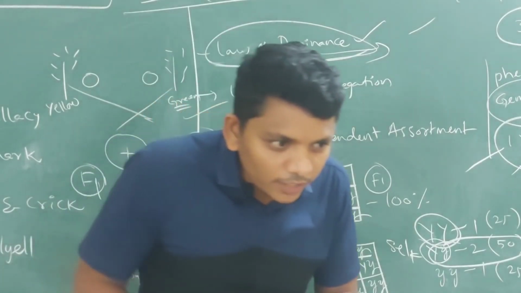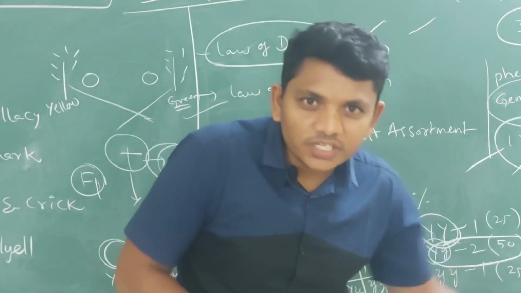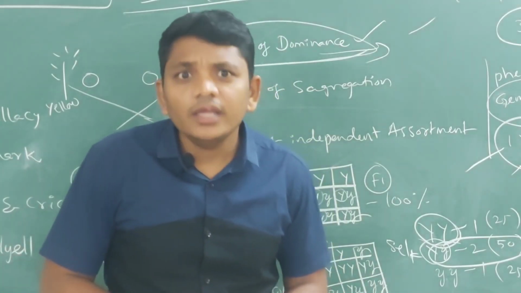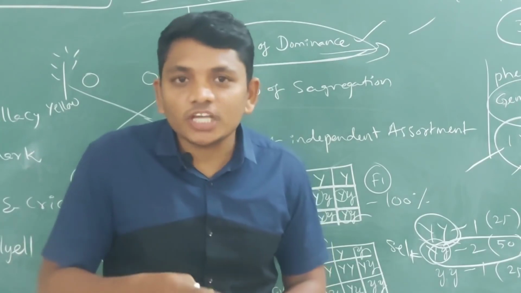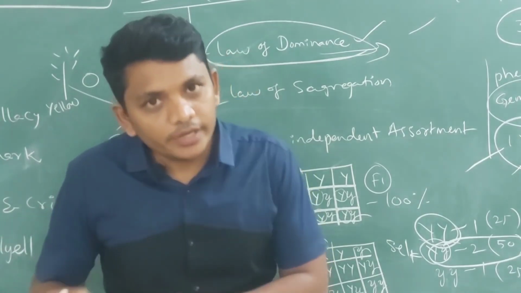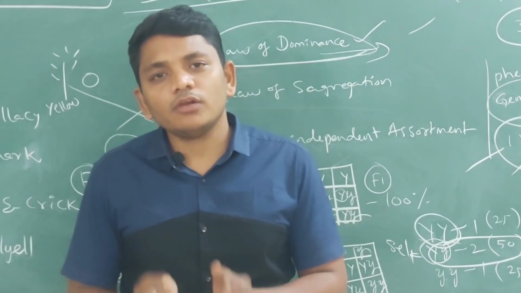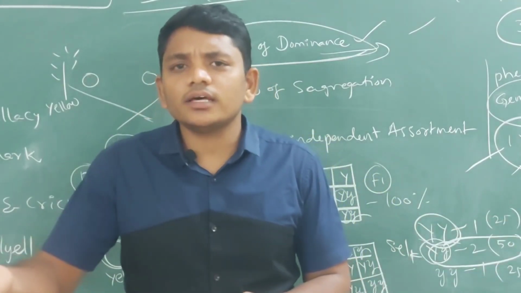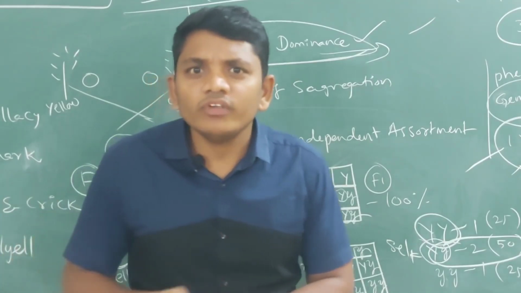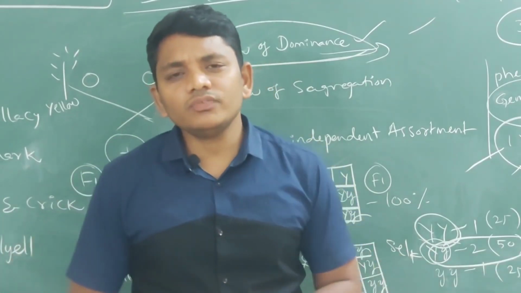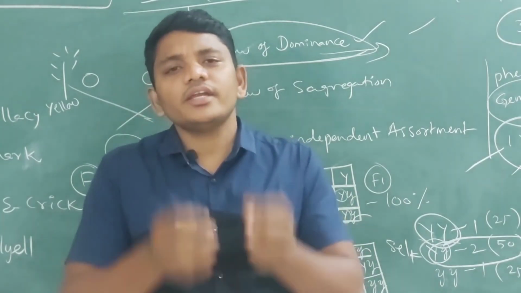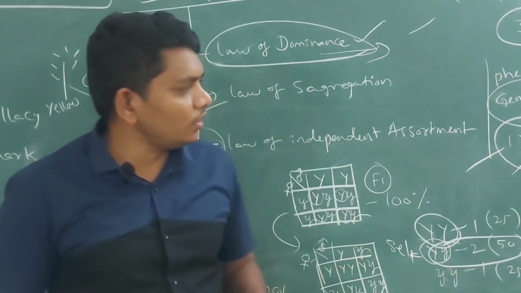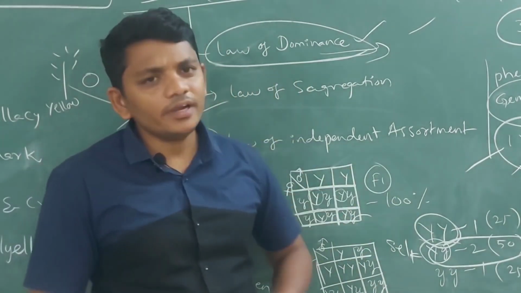So while a character goes to the next generation, it independently selects another character to go with it. This is called the law of independent assortment.